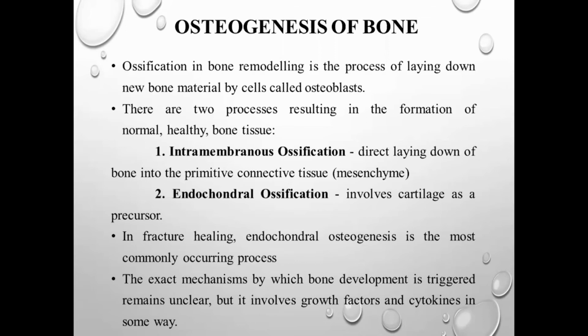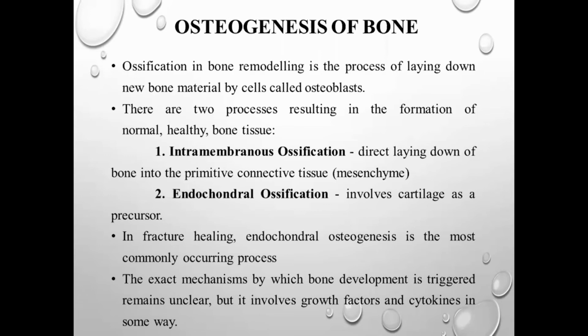Intramembranous ossification is nothing but directly laying down of the bone into the primitive connective tissue, the mesenchymal cells. As I said, this process takes place only in the fetus, in the formation of your embryo, around the third month.